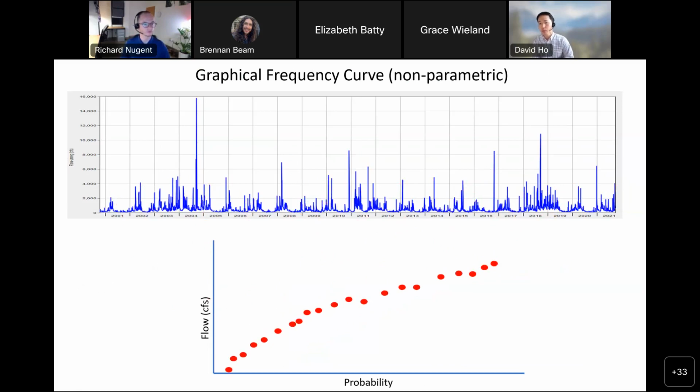Once we plot it, we draw a line, and that line is now our frequency curve. We also call graphical curves non-parametric, since we aren't using any parameters or statistics like the mean or standard deviation in order to create this curve.